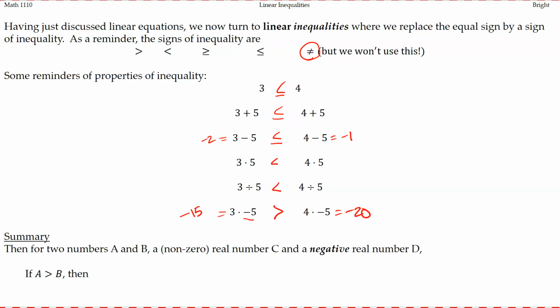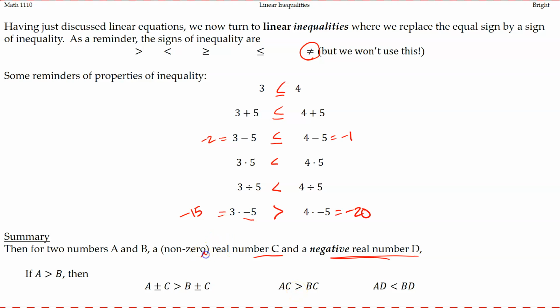So just to summarize, if we have two non-zero values, and we're given A is bigger than B, and C is a non-zero real number, and then D is a negative number, we have these summary statements. So we can add or subtract C to the existing inequality without changing the sign. We can multiply, and that's just non-zero.